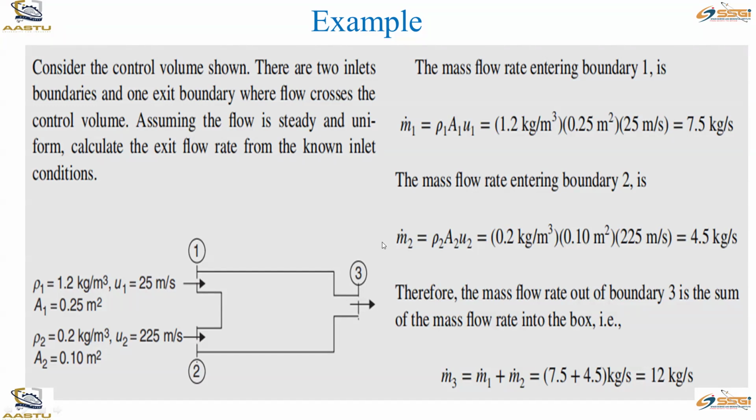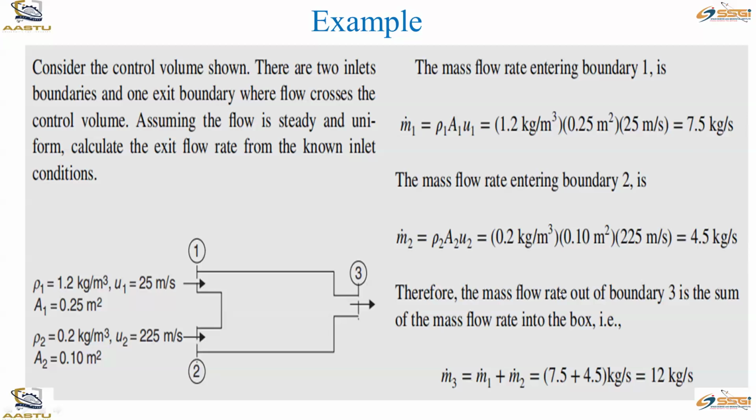For that, we have to calculate the mass flow rate through point 1, that is rho 1 A1 U1. That gives us 7.5 kilogram per second. Again, the mass flow rate at the second point is rho 2 A2 U2, from the mass conservation. That gives 4.5 kilogram per second.